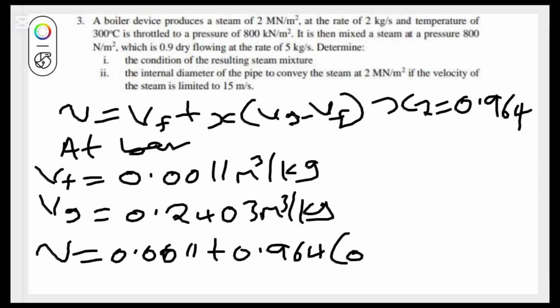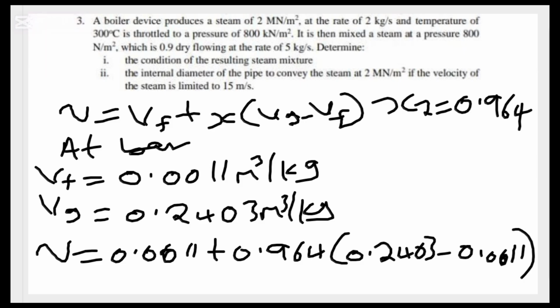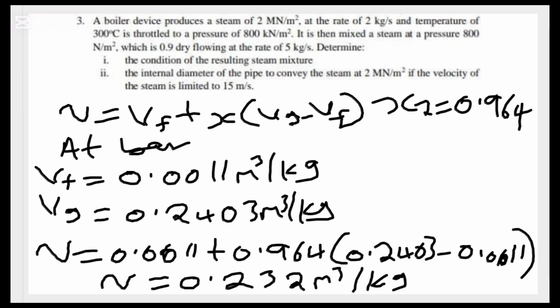So Vg, which is 0.2403, minus 0.0011. So at the end, the specific volume will be equal to 0.232 meter cube per kg.